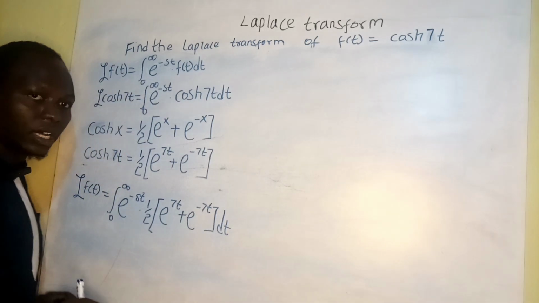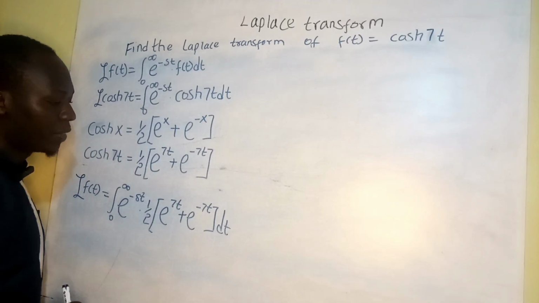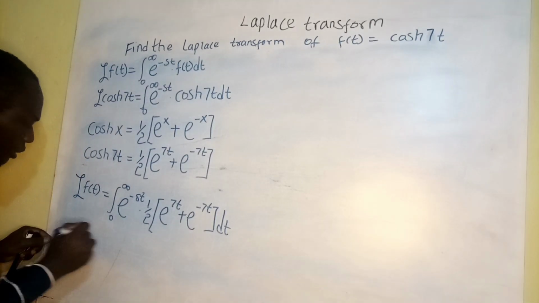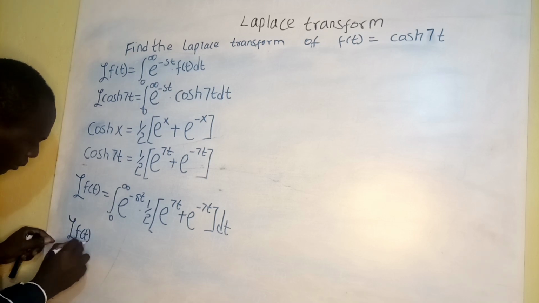We are going to factor out a half because it is not a term of dt, and we open the bracket.